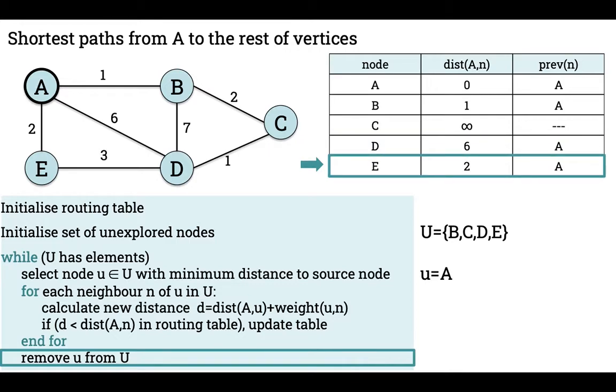Finally, the information in the last row means that the distance from the source node A to node E is, with information collected so far, equal to 2, and the previous node along that route is node A. That means there is a direct link between A and E whose weight is equal to 2.